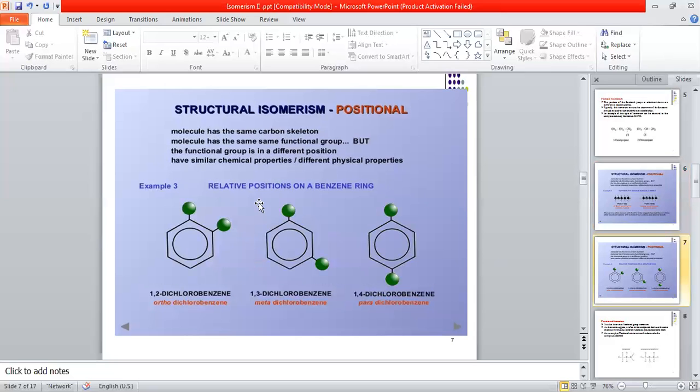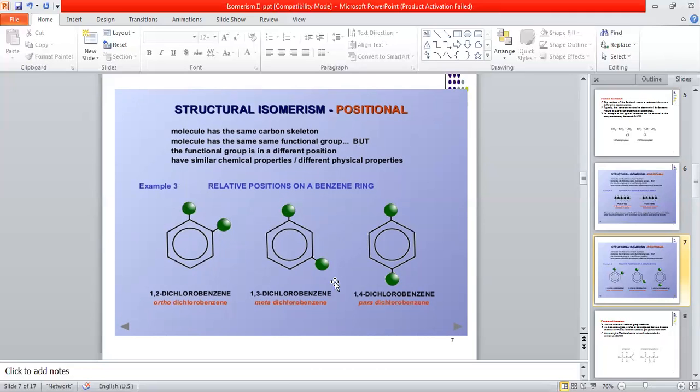Now in this next example you can see there is a benzene ring having the same carbon skeleton, same functional group, but the functional group is in a different position. Here you can see 1, 2 dichlorobenzene. This one benzene ring is there, but the chlorine atom is indicated with this particular green ball.